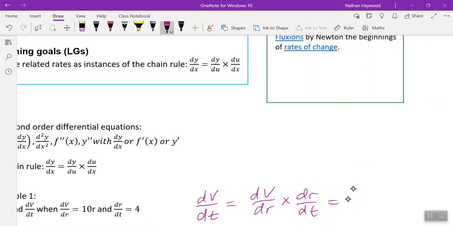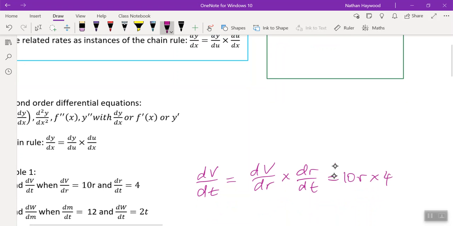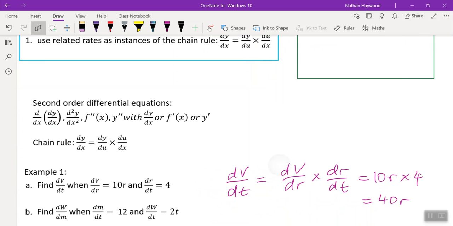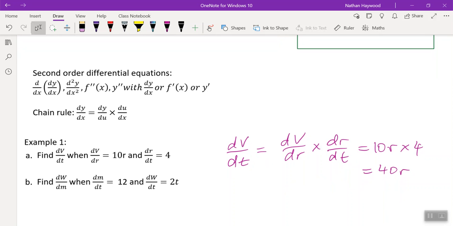So it gives us the first one, and it gives us the second one. So volume in terms of time, rate becomes 40 R. That's about it. And then we can have a similar situation. So now it wants, I don't know, it could be maybe work in terms of maths or something.